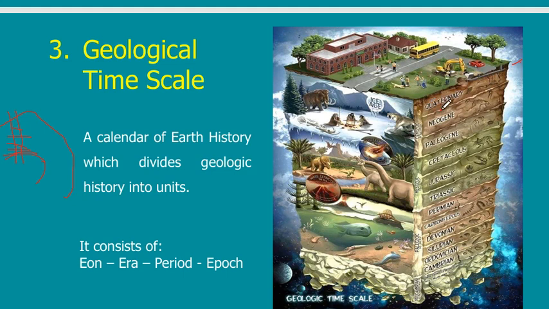So each layer of this column represents an age, an era, or a time in the past. Of course, these were the oldest layers, then something came on top, until we reached the early layers that were formed nowadays on the top.